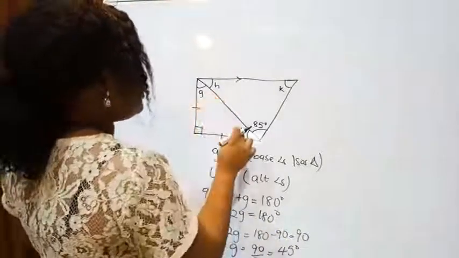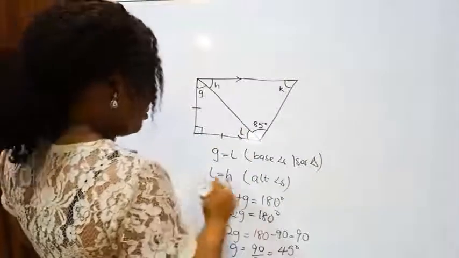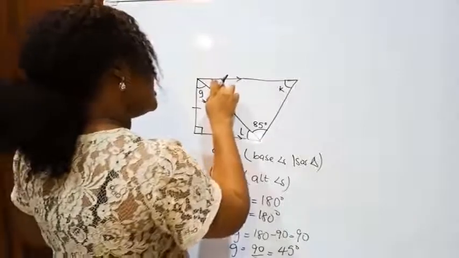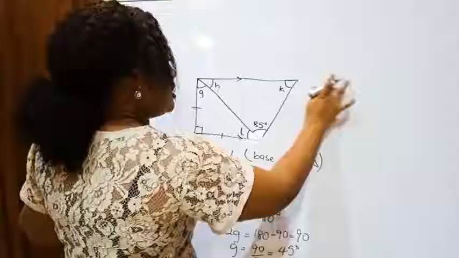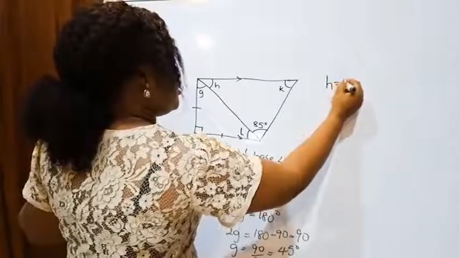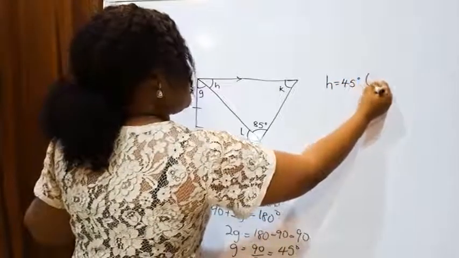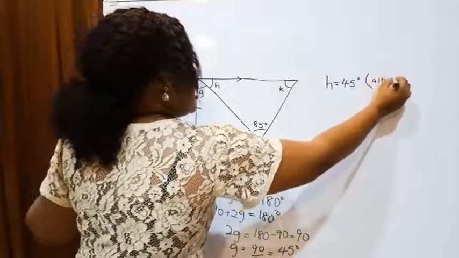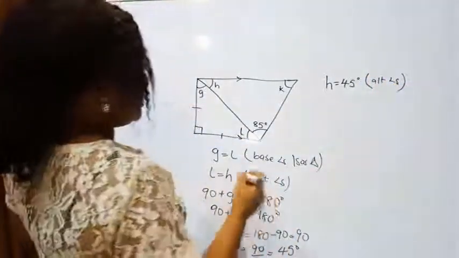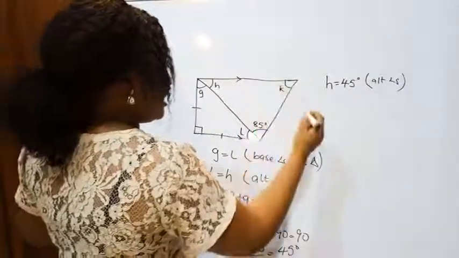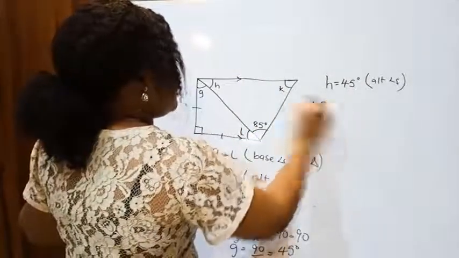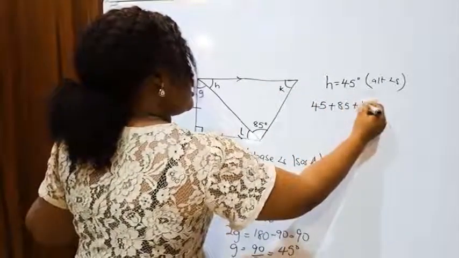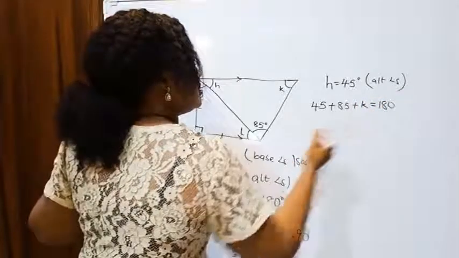Okay, so here is 45 and here is 45. Now, we've said that our L equals H because they are alternate angles. So this is equally 45 degrees. Our H equals 45 degrees. Reason? Alternate angles. Then, to find our K, you have 45 plus 85 plus K equals 180 degrees.